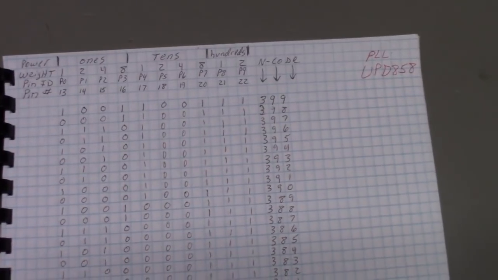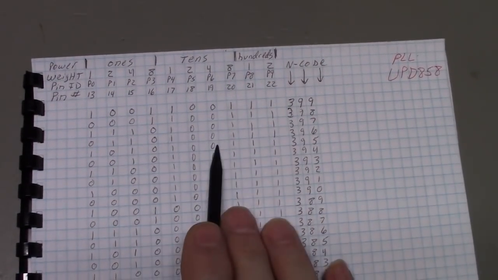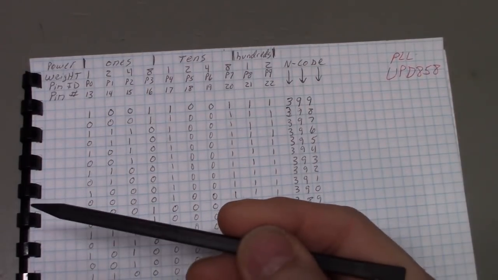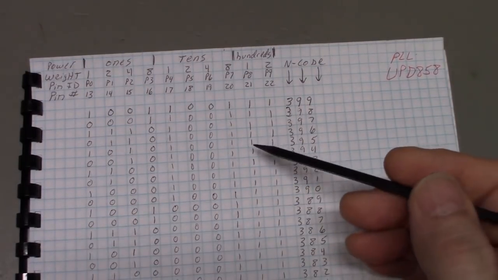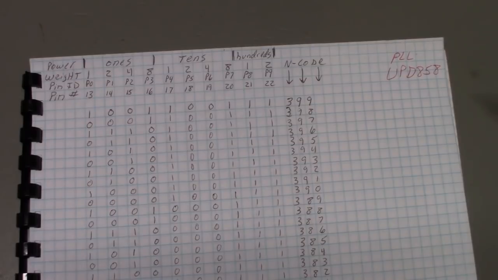But you'll notice with the PLL02A, the highest encode is 511. With the UPD858, the highest number is 399. And if you look in service manuals, just like with the PLL02A, you're going to find things are not written as you're normally going to see them.